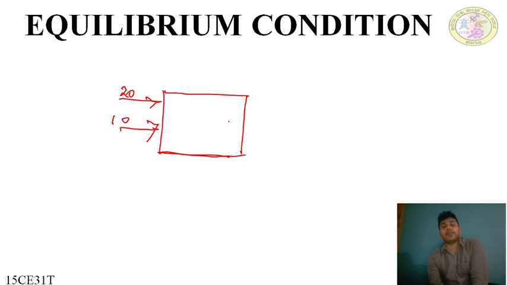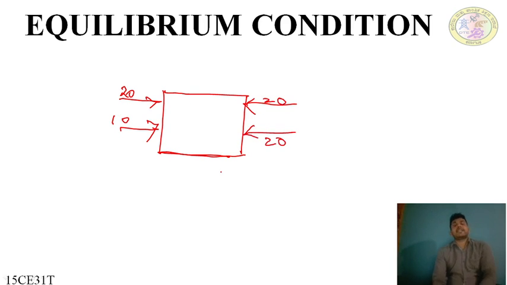It actually moves. But when we apply 20 kilonewton and 10 kilonewton in the opposite direction also, the body will be in a static condition, as the total force will be equal to zero. If it is 20 and 10 against 20 and minus 10, then only will it be in equilibrium.